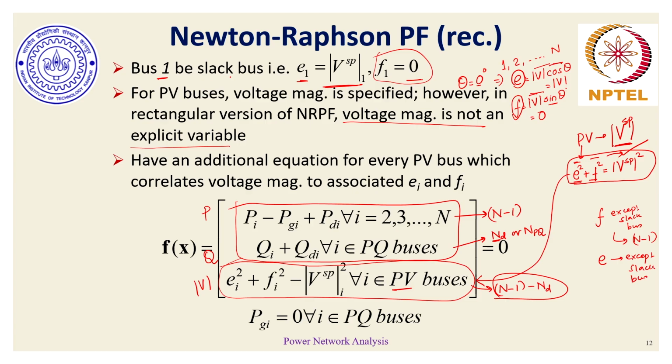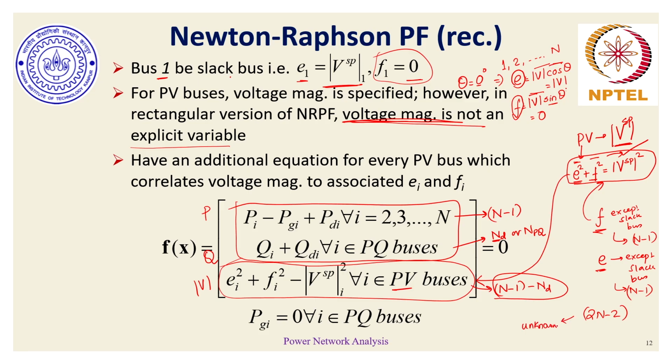Even for PV buses, we would have E's, so this is also n-1 in number. Why? Because in Newton Raphson rectangular coordinates, voltage magnitude is not a variable. It is a known value, and E's and F's together have to ensure that they satisfy the voltage magnitude specification. So in rectangular coordinates, we have 2n-2 unknowns.